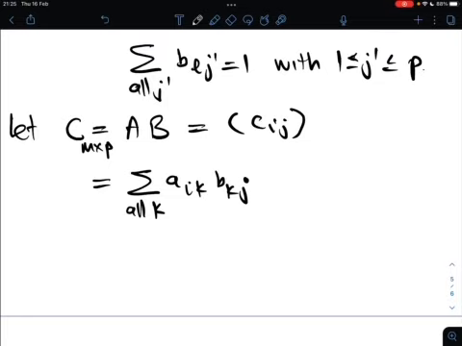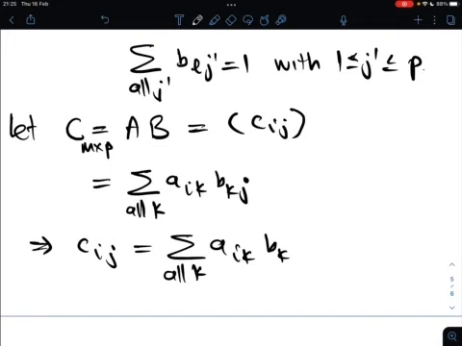So now what we want to prove next is that this matrix C, which is created by the product of A and B, is also a Markov matrix. So it follows from here that each entry in matrix C is just defined as C_ij, which is the sum over all k of A_ik B_kj. This is the representative of each and every entry that lies in matrix C.